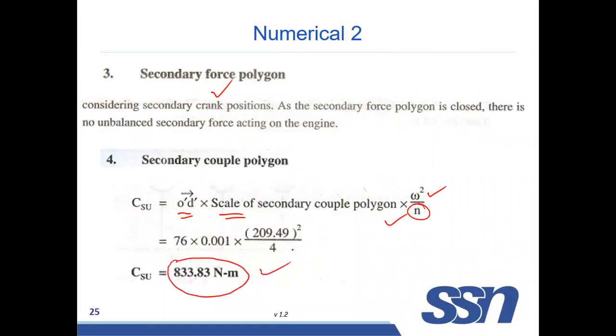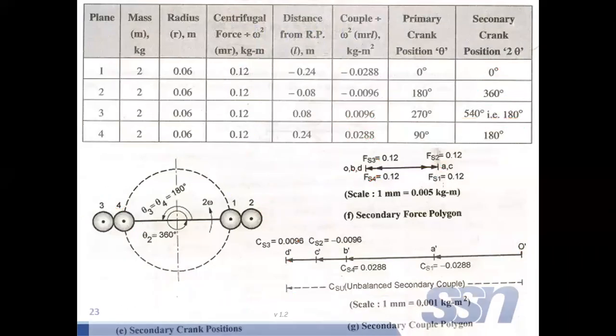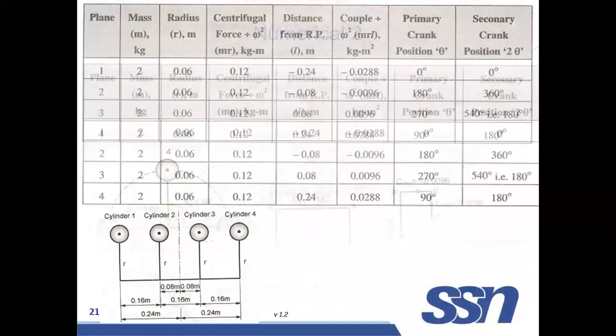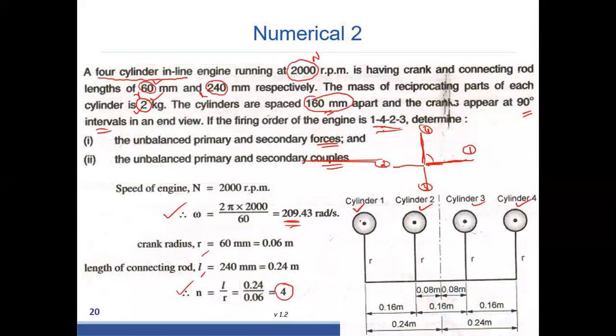So as far as this problem is concerned, when identical 4 cylinders are at an angle of 90 degree, and firing order is 1423, there is no primary force and secondary force, but there are unbalanced primary couple and secondary couple.